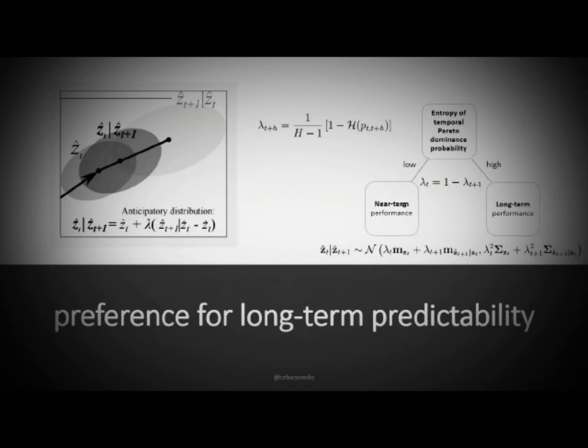It's a nice way of measuring the uncertainty that we have about whether we'll be better off or not in the future when you consider this agnostic view over preferences. So the reasoning here is that we take 1 minus this entropy of the temporal Pareto dominance probability, and whenever this entropy is low, we aim for near-term performance. Whenever it's high, we aim for long-term performance.